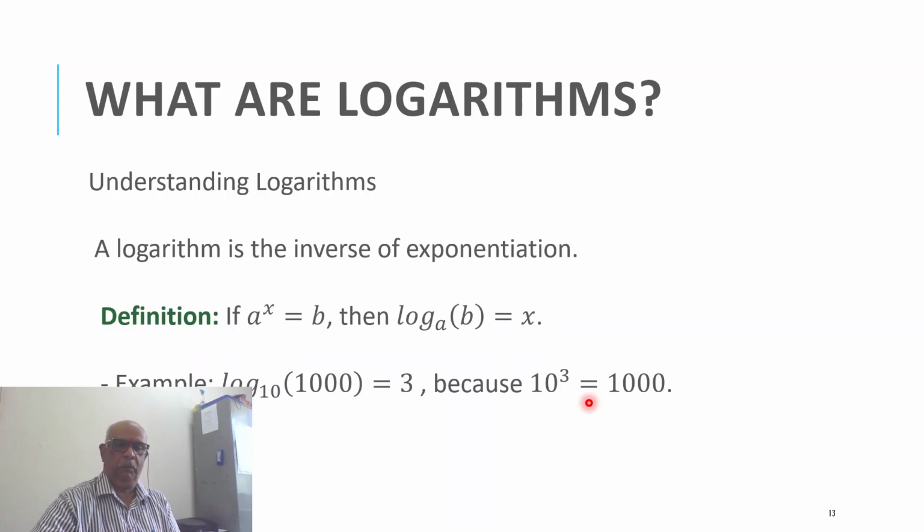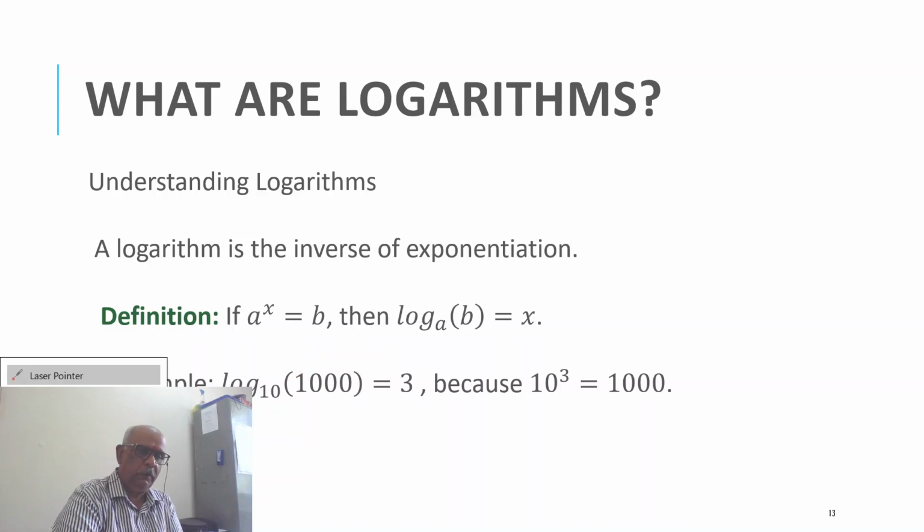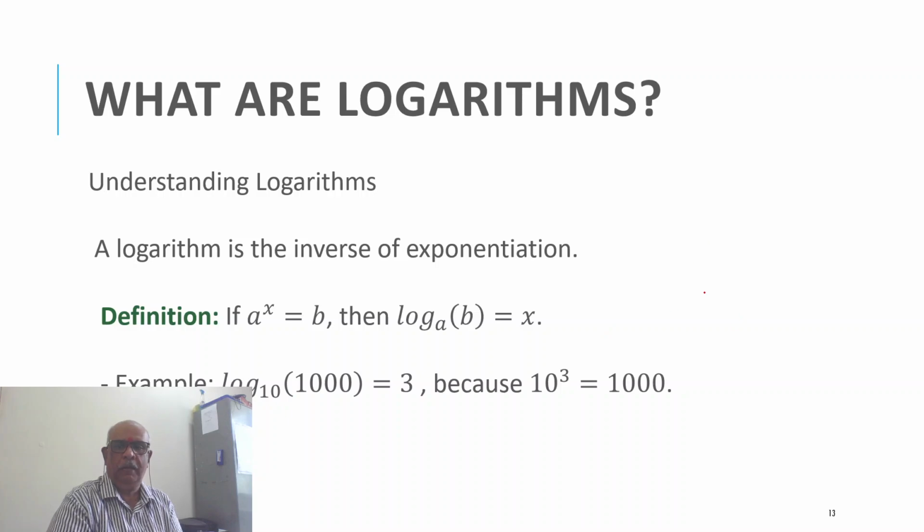Essentially, if I want to do the multiplication of 1,000 by 10,000, and I take the log of this to the base 10, then this is 3 plus 4, which is equal to 7.